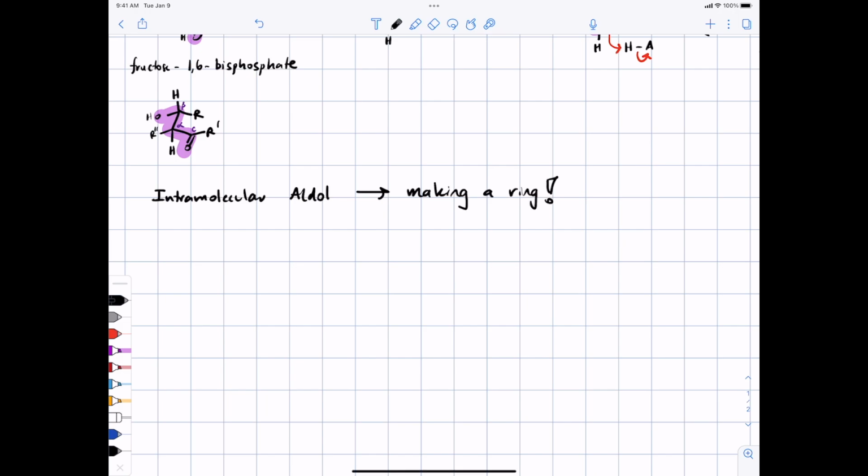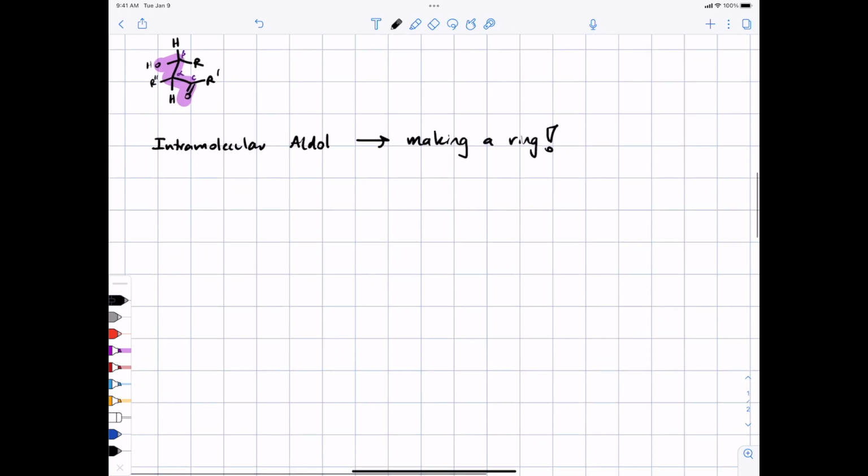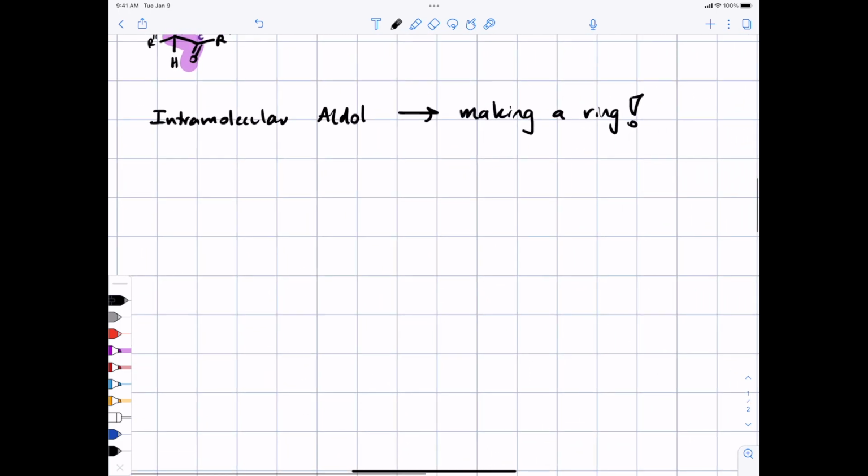Which is your favorite thing and mine, making a ring. All right, so here we have a molecule that has some symmetry. The two carbonyl groups on either end are identical, so it doesn't matter which one we start with. All right?